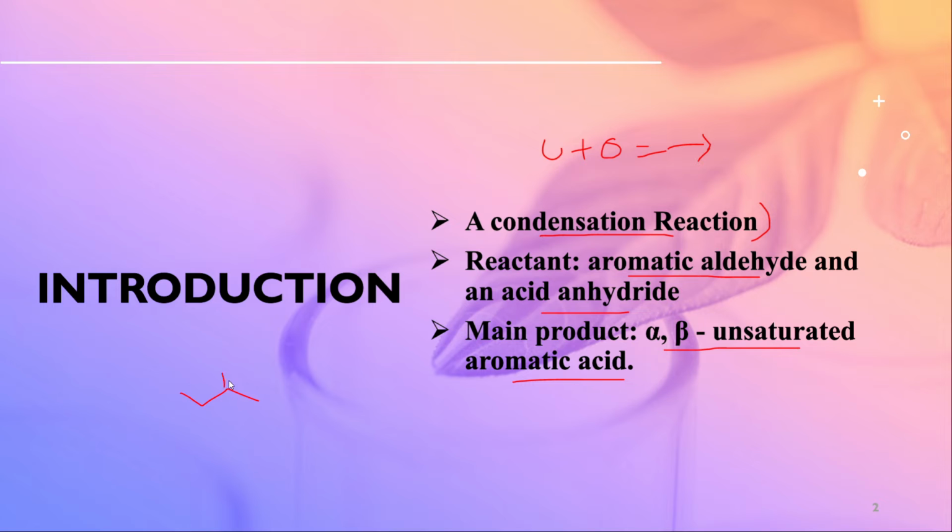If we take this acid, with OH, this is the C double bond of the carbonyl carbon. So this is alpha, this is beta. So alpha beta unsaturated means this carbon is double bonded. This type of product will form.